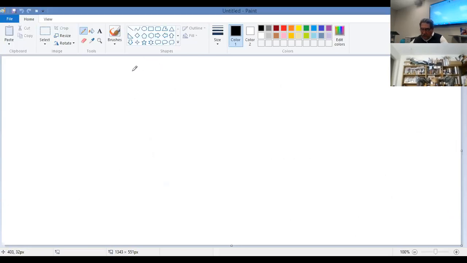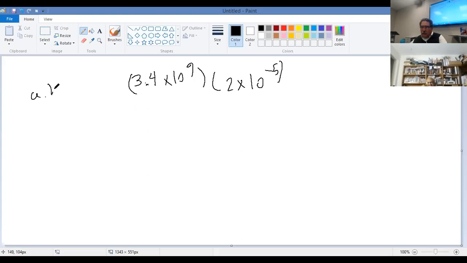All right, we have 3.4 times 10 to the power of 9, okay? Multiplied by 2 times 10 to the power of minus 5, all right? I said, remember the rule, A times B times C times D. You can either do it that way, or A times C times B times D. These two are the same, okay?